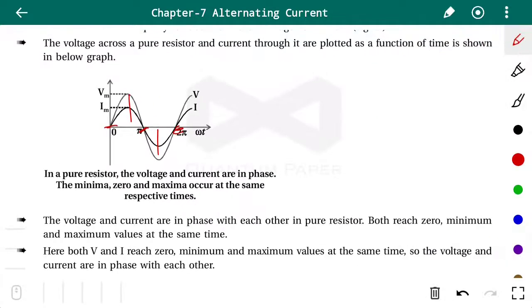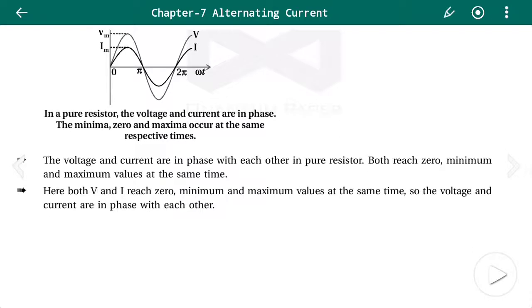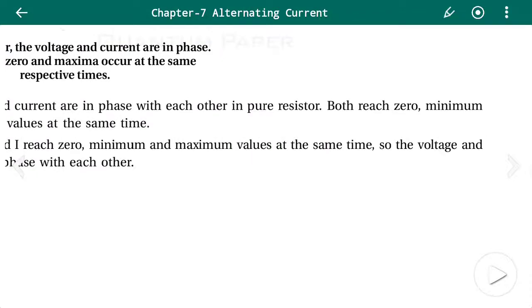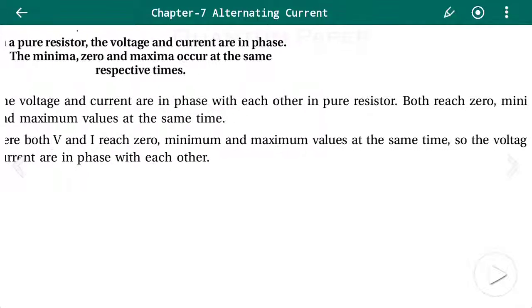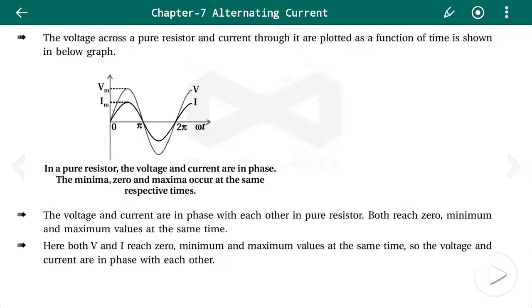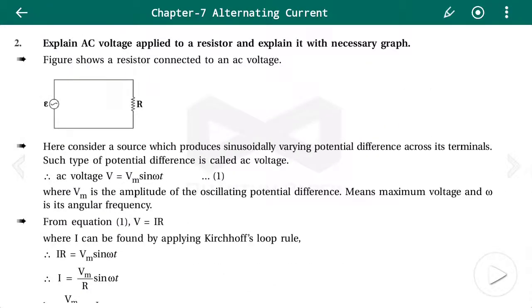So we can say that voltage and current are in phase with each other. Here both V and I reach 0, minimum and maximum values at the same time. So students, you may note down this theory.